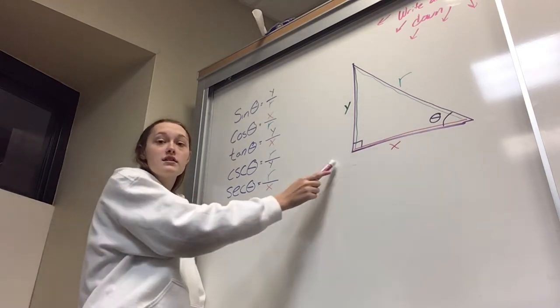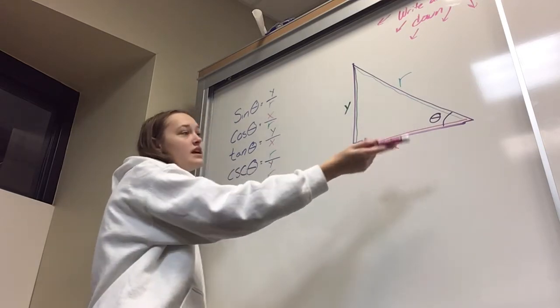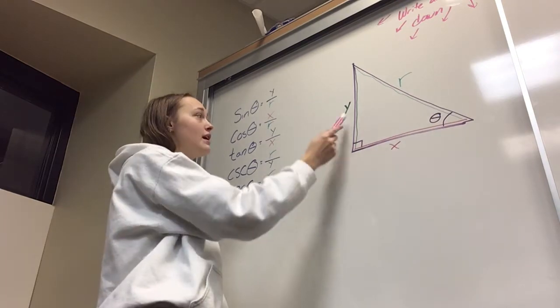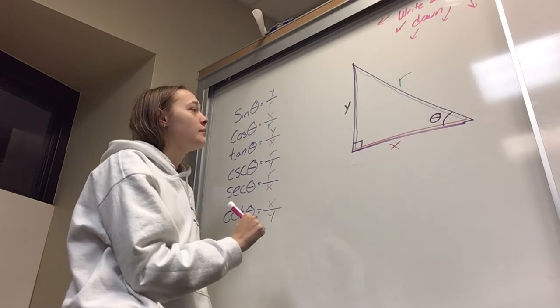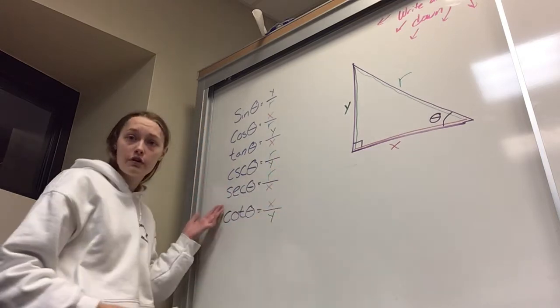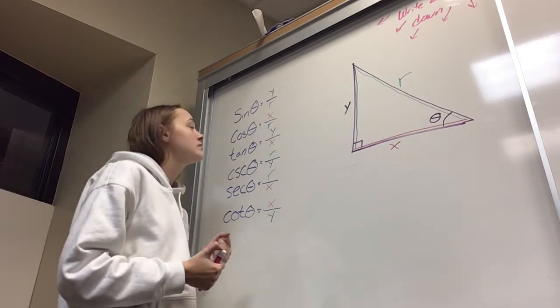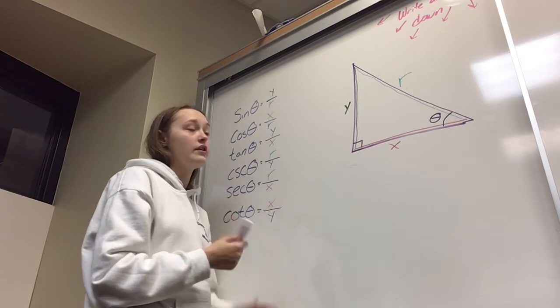Looking at this triangle right here, it's a right triangle, and we have the angle theta. Say we don't know what the angle theta is equal to, but we know what x, y, and r are. We can use our trigonometric functions to find out what theta equals. Say we had x and y, and we wanted to figure out what theta equals.